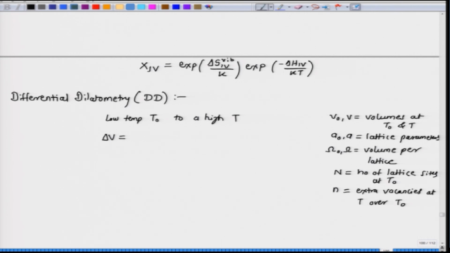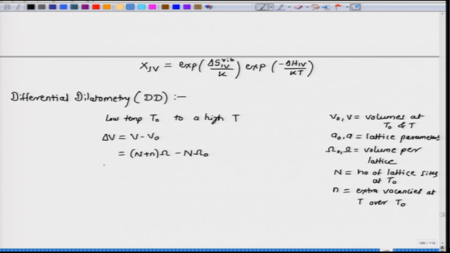So, ΔV is simply V minus V0, and at T0 volume per lattice site was omega 0. There were N total number of lattice sites, and at T the volume per lattice site was omega, and there were total number of N plus n sites. So, we can write this as (N plus n) times omega minus N times omega 0.